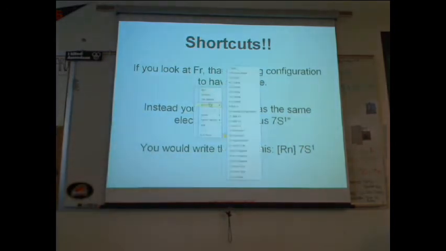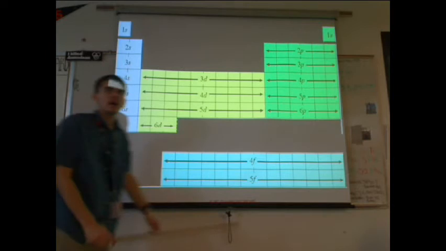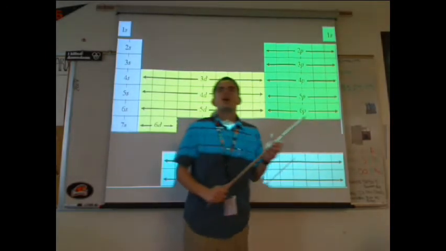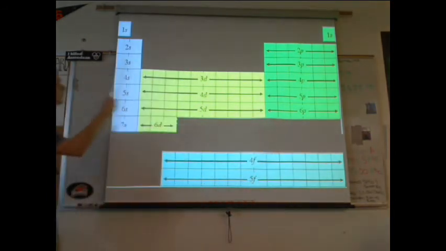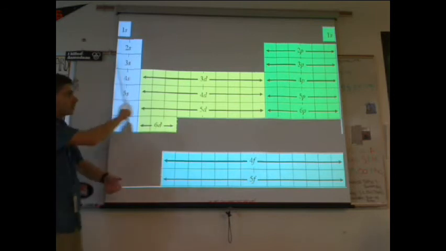Because if we go back to that slide we've looked at 1,000 times, here's francium. Every time your electron fills up and gets to this line, all those electrons get locked away, and they open up a new shell outside of it and start over.